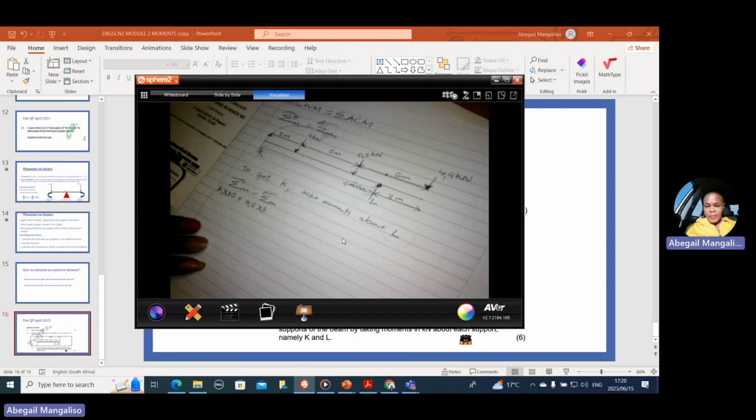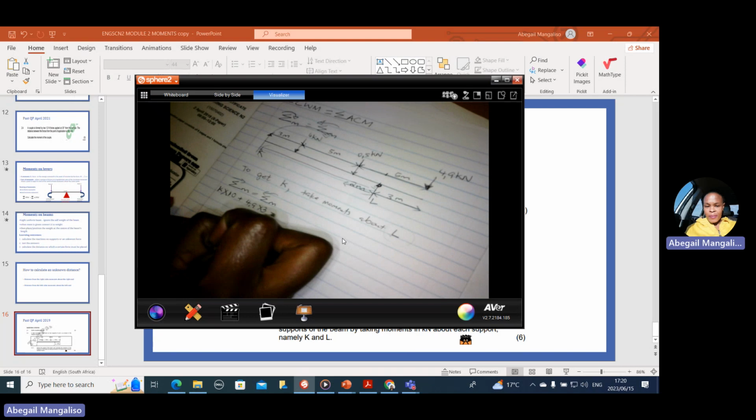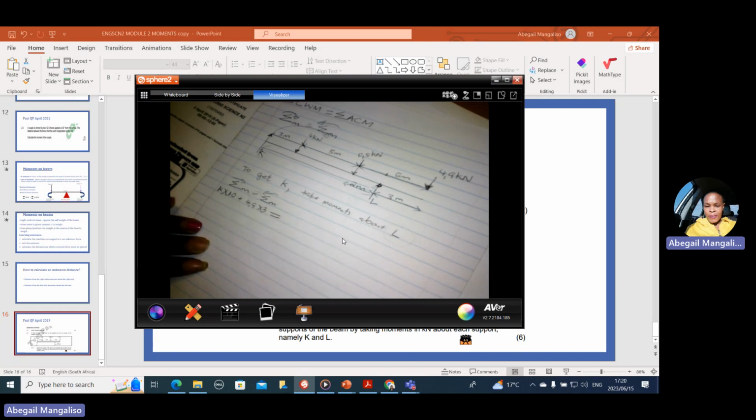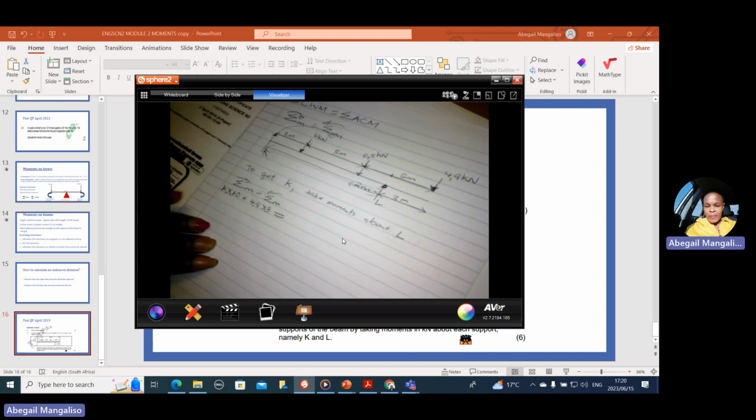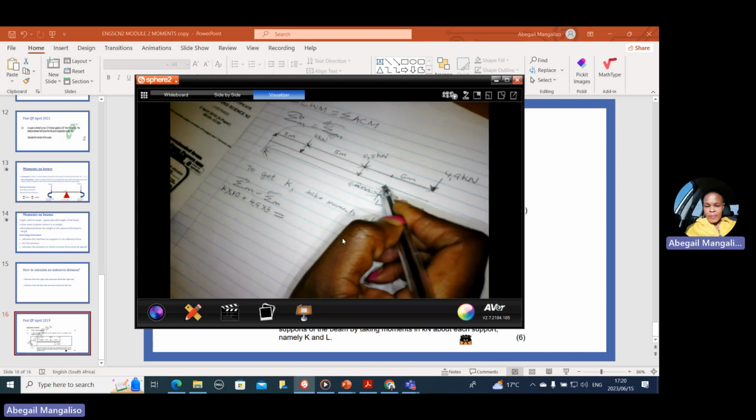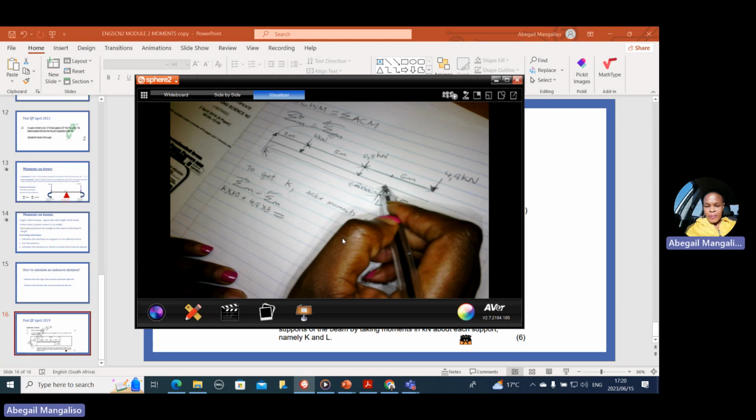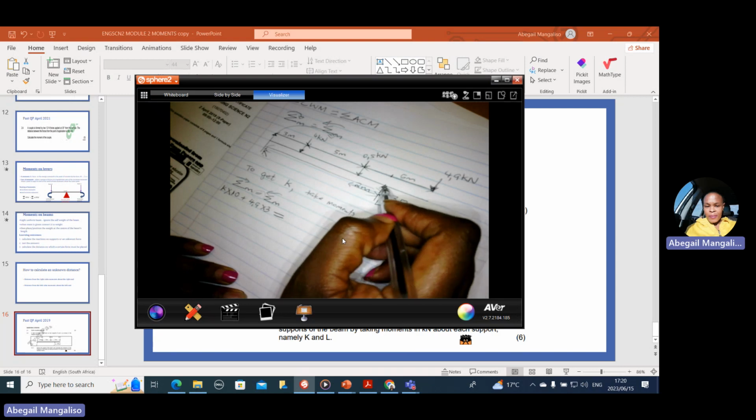A force cannot be clockwise and anti-clockwise about the same point. So if there is no other clockwise, put an equal sign. Now I'm going to write the sum of what is anti-clockwise about the same point. That is the law: the sum of the clockwise about the point is equal to the sum of the anti-clockwise about the same point.